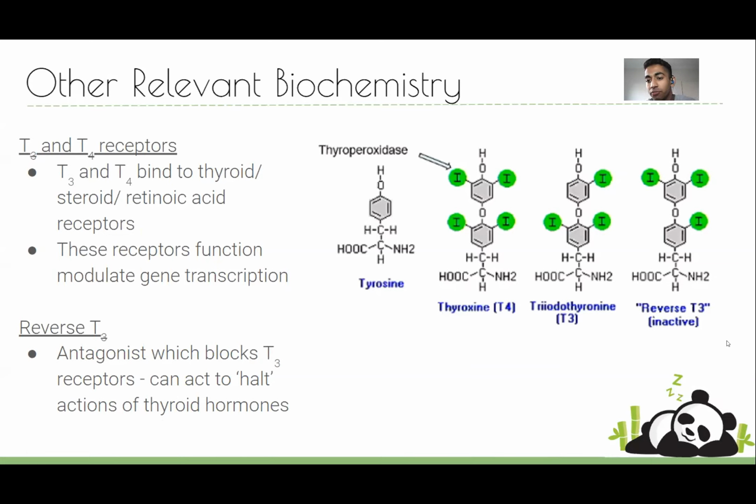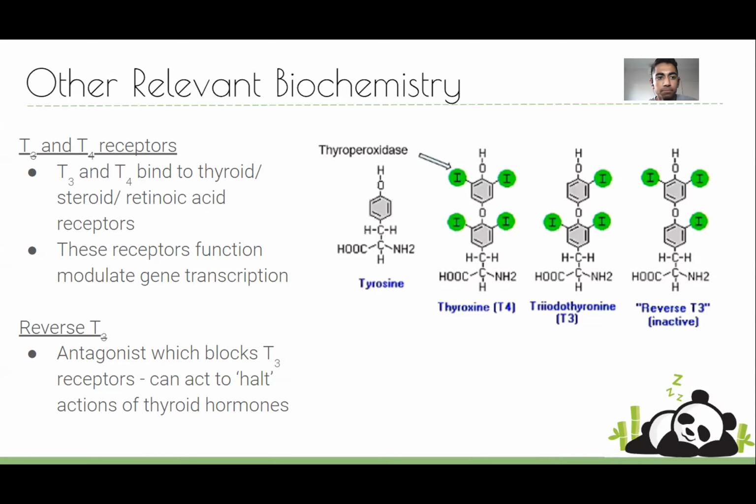And then we can also have reverse T3, where as opposed to our iodine being over here, it's over here. That will have a different effect. It works in opposition to our thyroid hormone by blocking the action of thyroid hormone. So it's basically the opposite. It slows down the effects of our thyroid hormones if we need to.